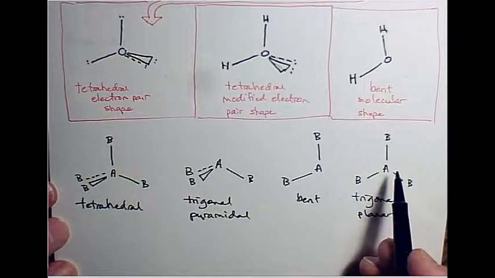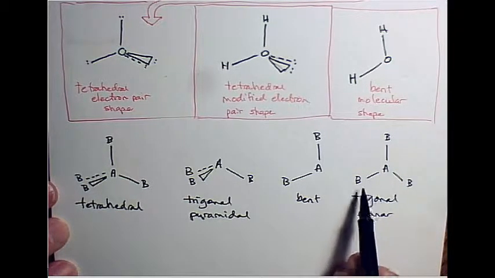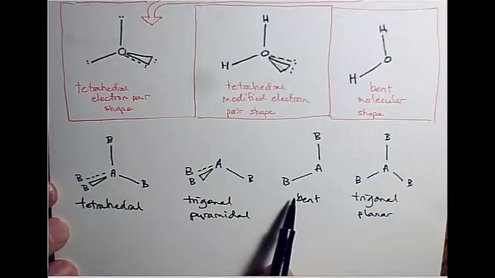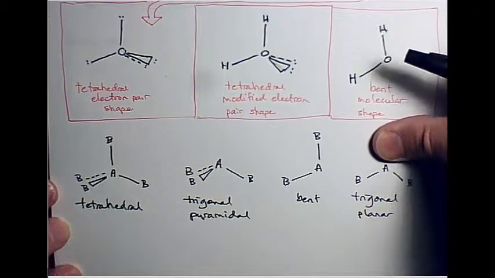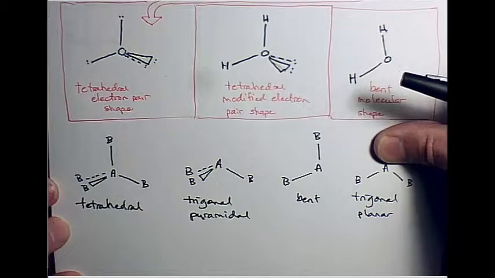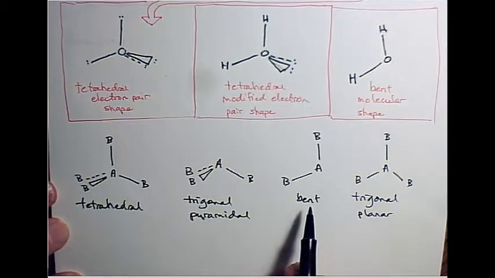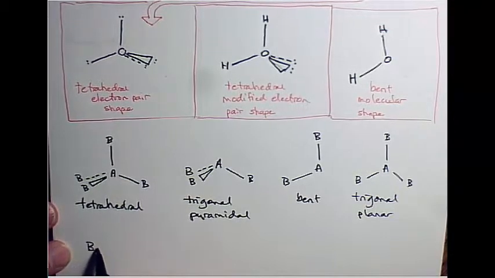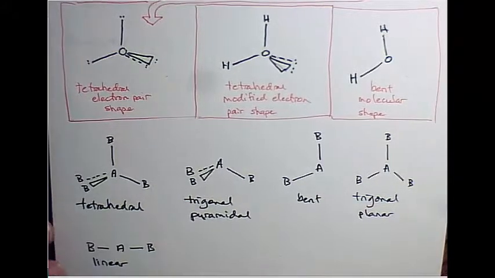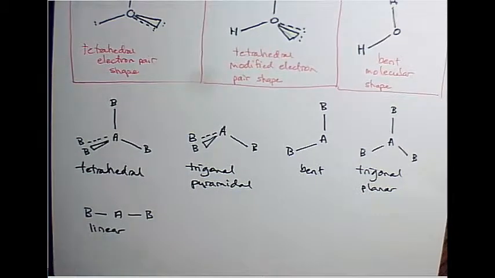If one of these arms is a lone pair and we eliminate it, the resulting molecule is also bent like this one. Let's say we eliminate that one right there. What remains is a bent molecular shape. Okay? So I'm not going to redraw bent. All right? And then finally, we have a linear shape. So what is that, 4? There are more shapes in this, but in this class, these are the ones you probably only need to know. Okay?